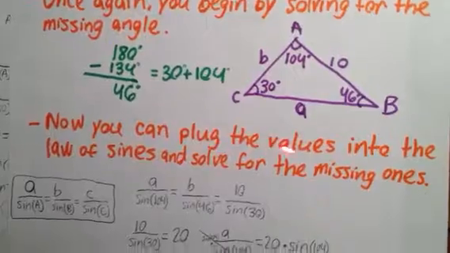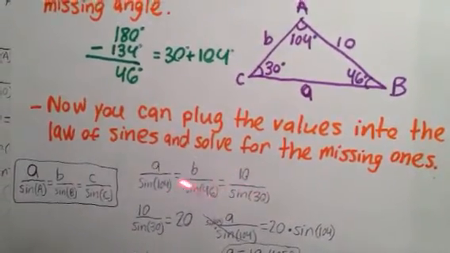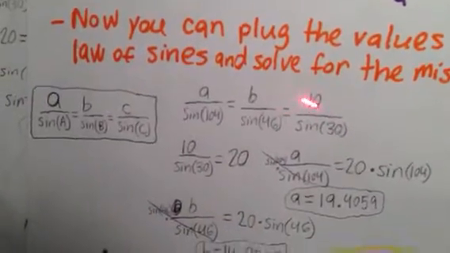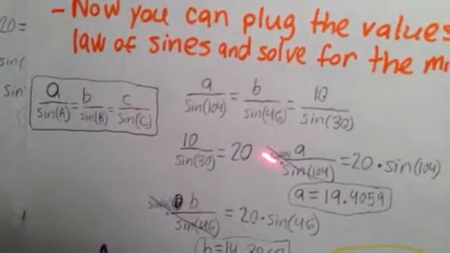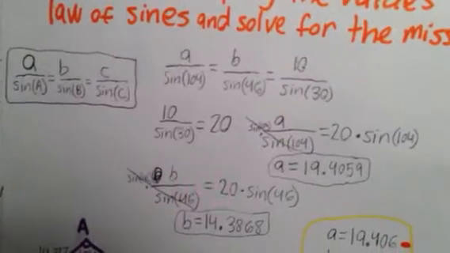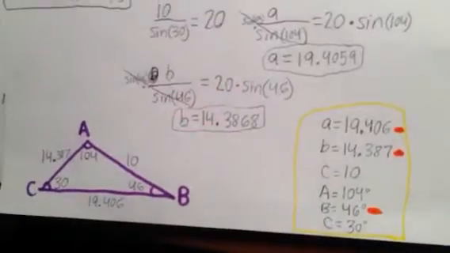Next, you can plug the values into the law of sines formula, and you can find the missing ones. Since these both have values, I'm able to use that as my constant, and I bring that over here, and I'm able to find my two variables here by multiplying this out, and I have a and b.